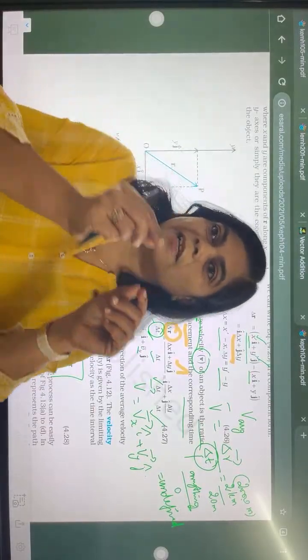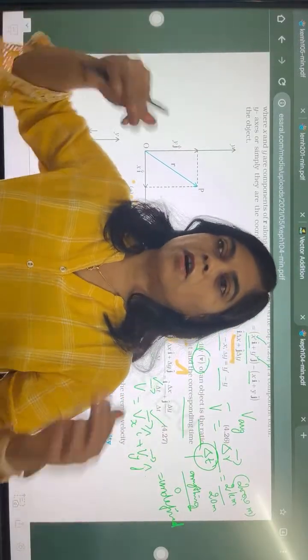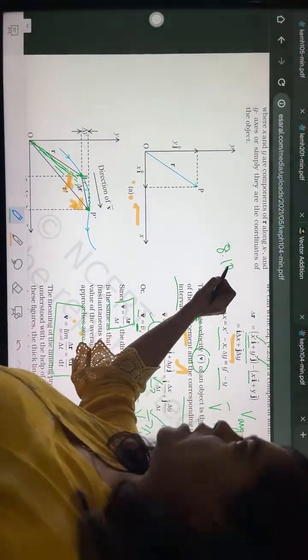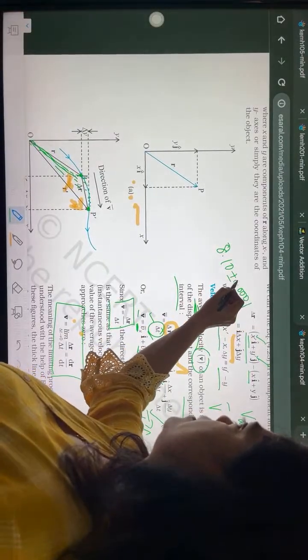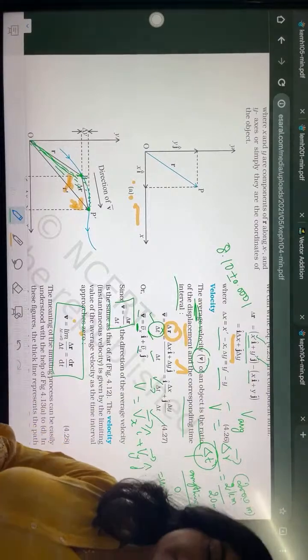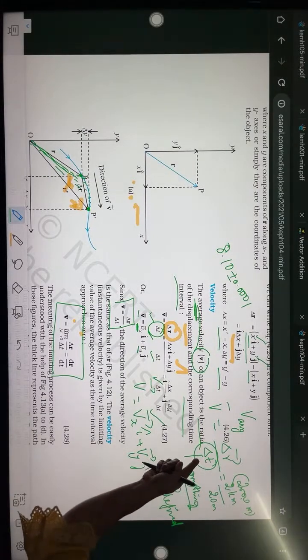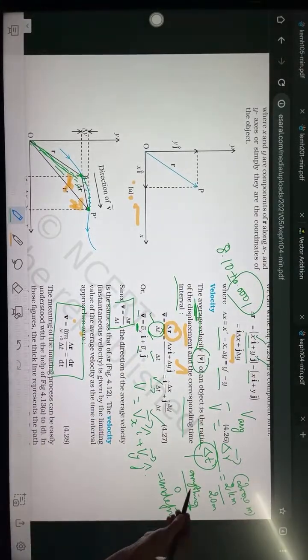It will be 0.001 less or 0.001 greater, plus or minus 0.0001, for example. There might be a small change. So what is the meaning? There also the delta t exists, but it is negligibly small. So we can say delta t is approaching 0. Can you understand?